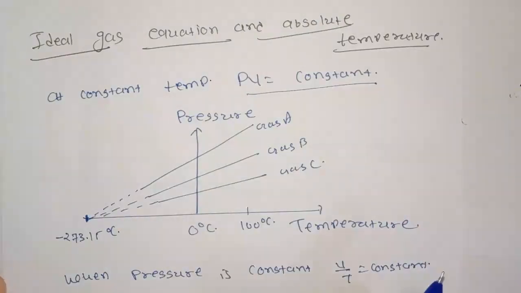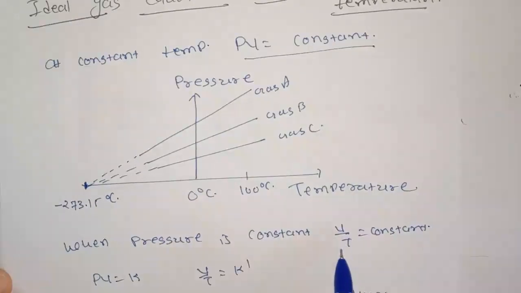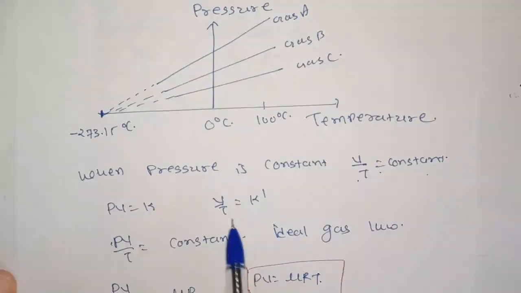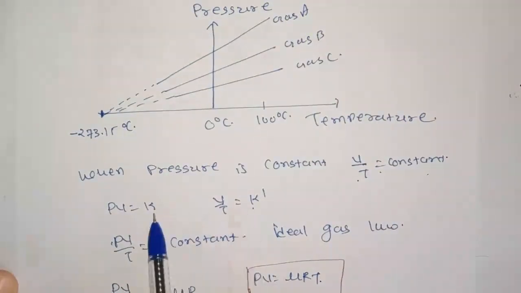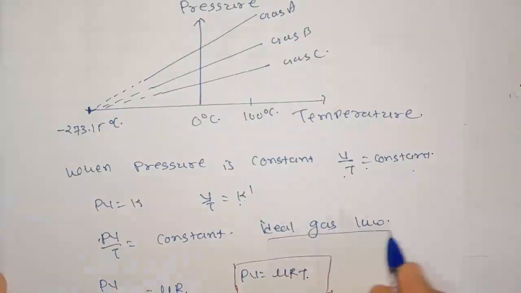When the pressure is held constant, then volume upon temperature is constant, that is Charles' law. If we combine these two relations, that is PV is equals to K and V by T is equals to K dash, where K and K dash both are constants, we can write PV upon T is some other constant, and that is the ideal gas law.